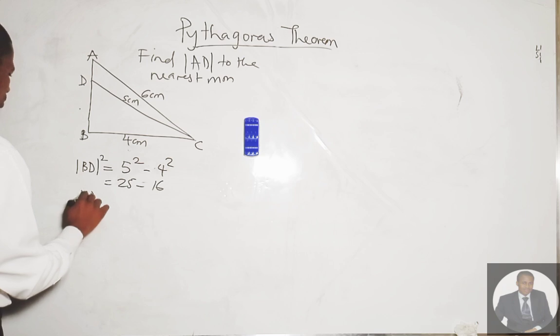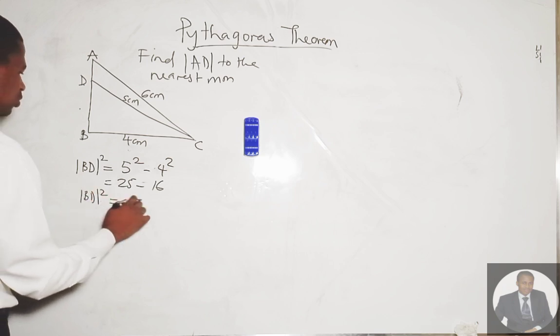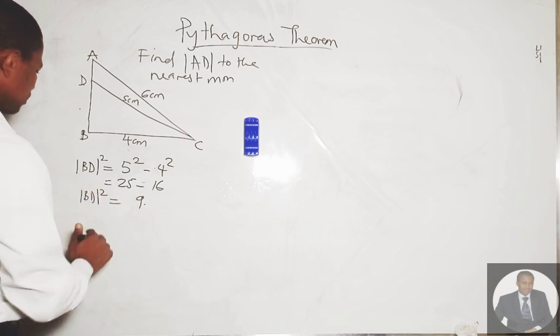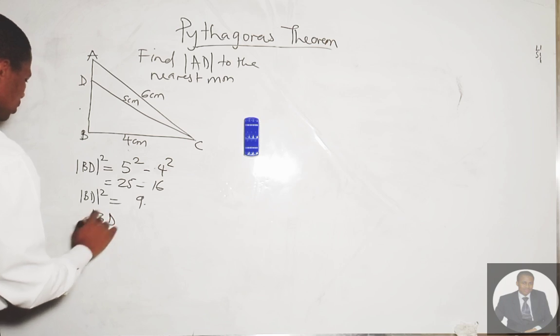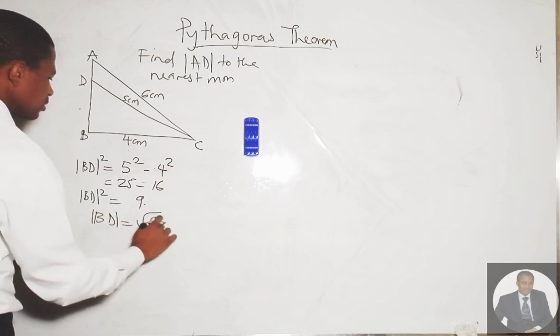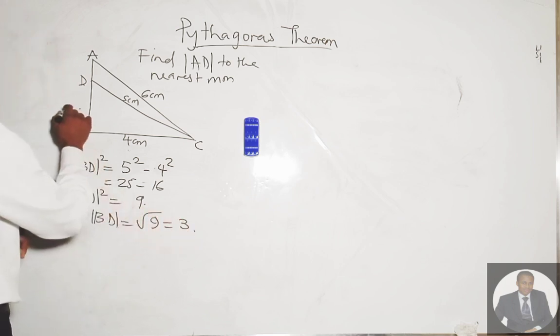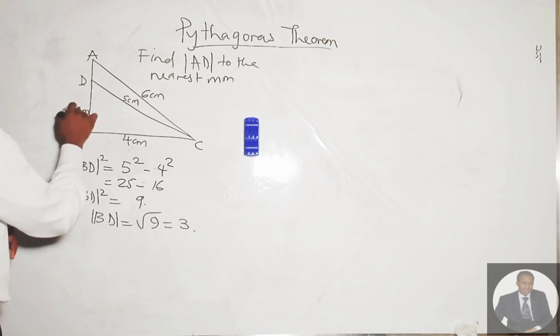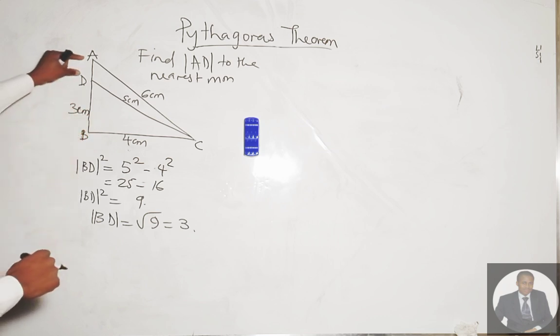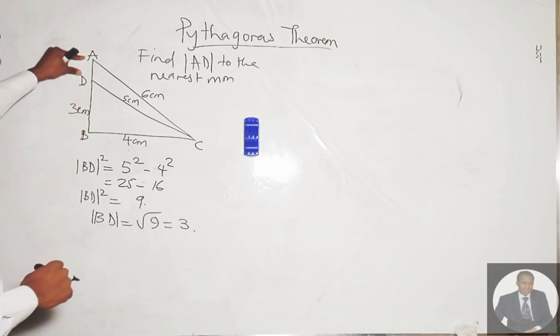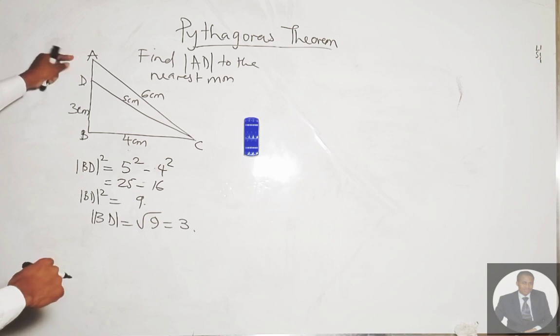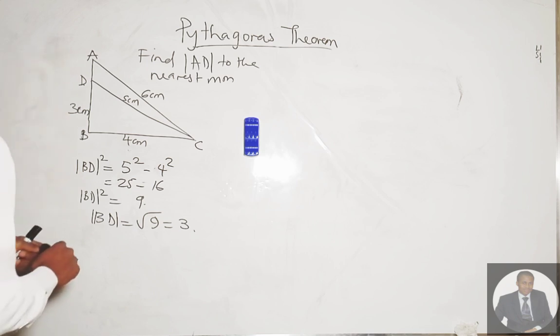So BD square equals 9. So BD equals square root of 9, and that will give us 3. And it is 3 centimeter. Now, we want to look for AD. How do we get AD here?